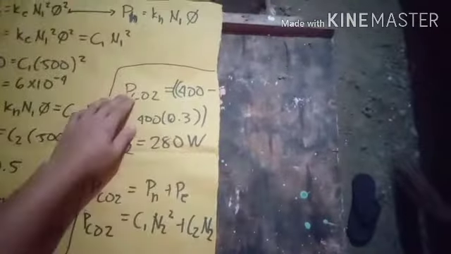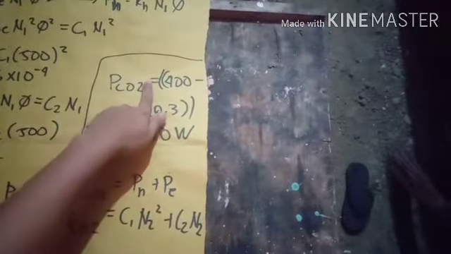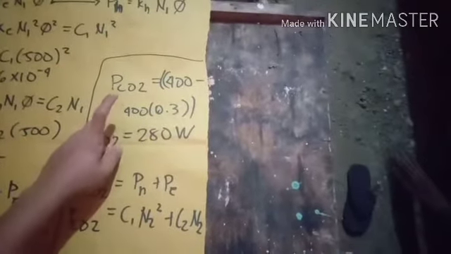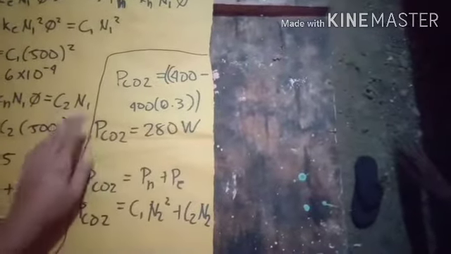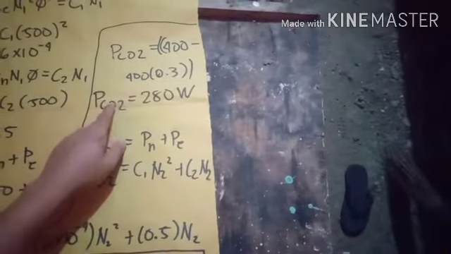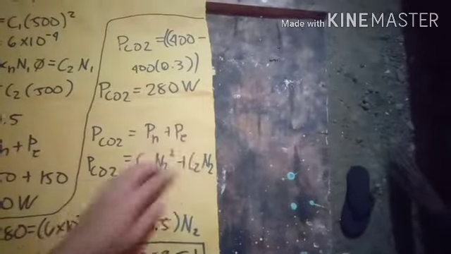Now, for the P sub CO2, it is equal to 400 minus 400 times 0.3. So the P sub CO2 is equal to 280 watts.